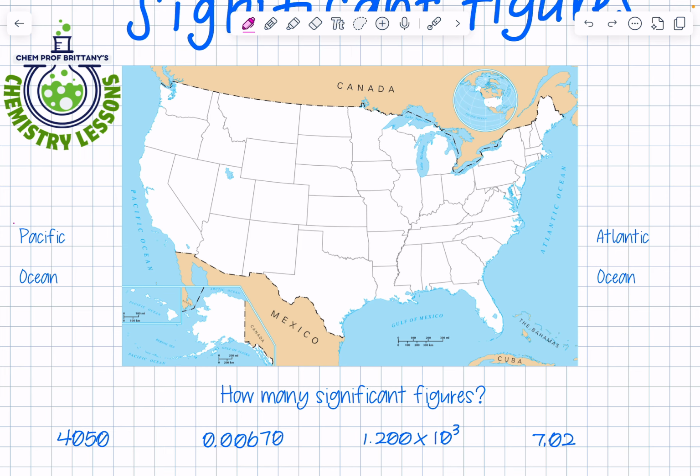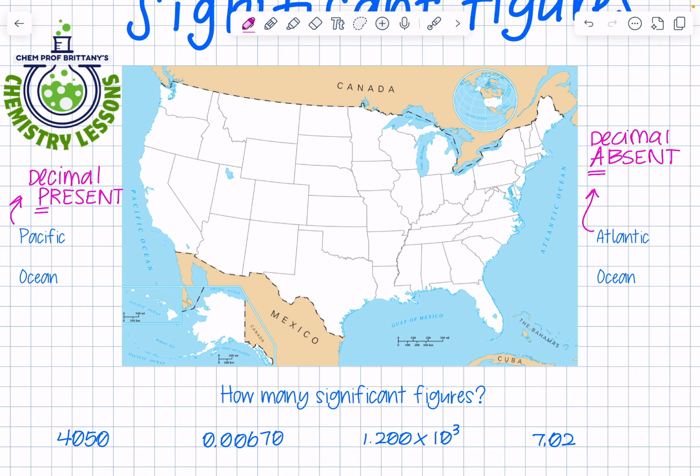So Pacific Ocean, this is when we are talking about if the decimal is present in the number that we are looking at. For the Atlantic Ocean, this is for if we are looking at a number where the decimal is absent in the number.